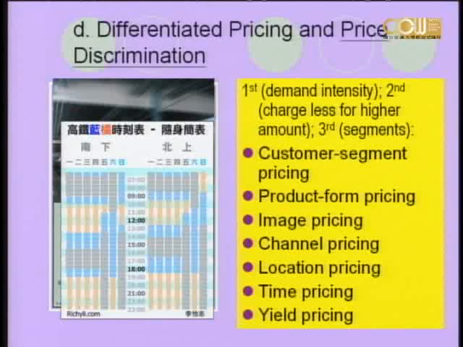One is time pricing, peak season and off season. Another one is based on location. So I think they have different trains. They have car number 1, number 6. Number 1 will be for first class, and number 6 is for second class, and so on. So all these are so-called price discrimination. The same as when you go to a concert. When you go to a concert, right?